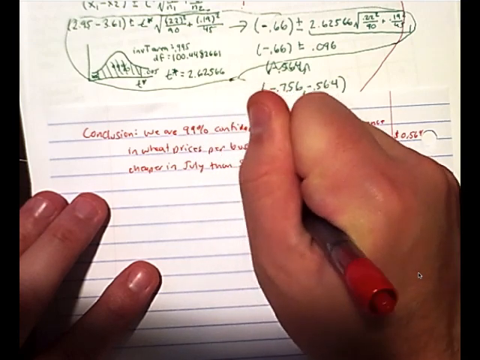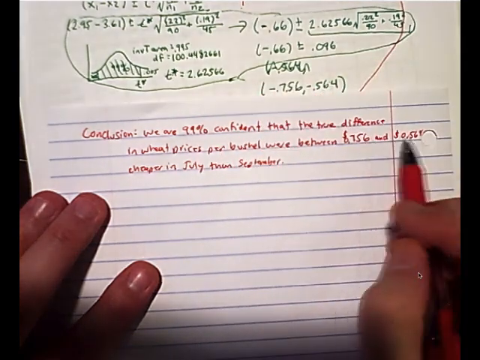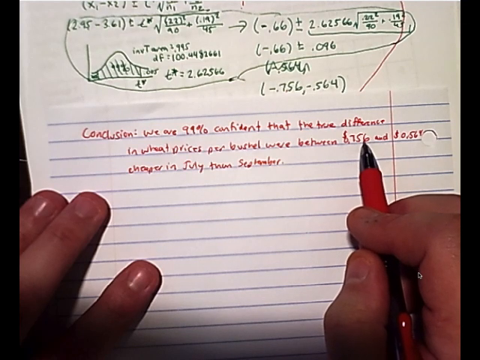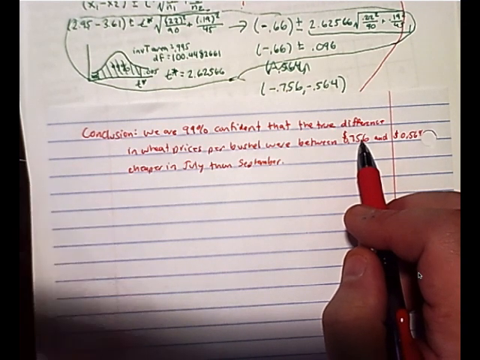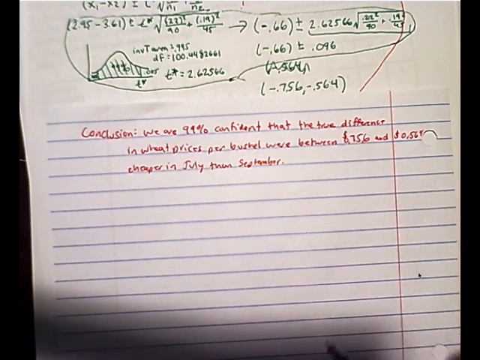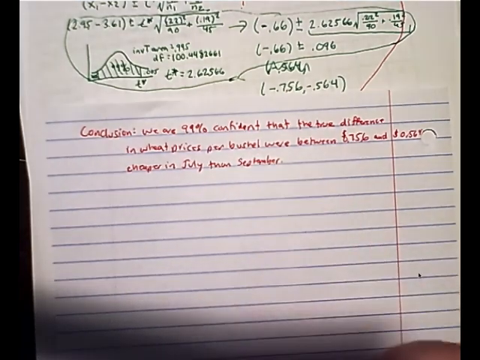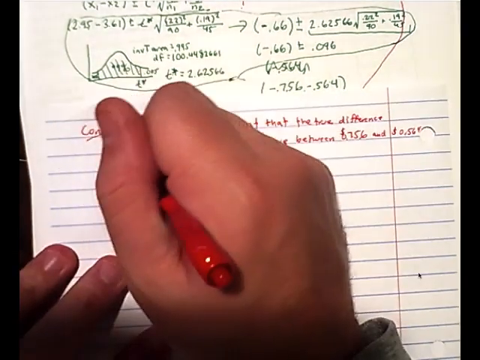So the true difference falls somewhere in here. They were less expensive in July than in September. So something to that effect would be your conclusion.